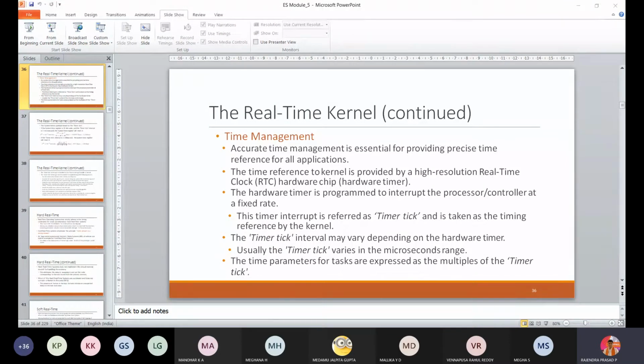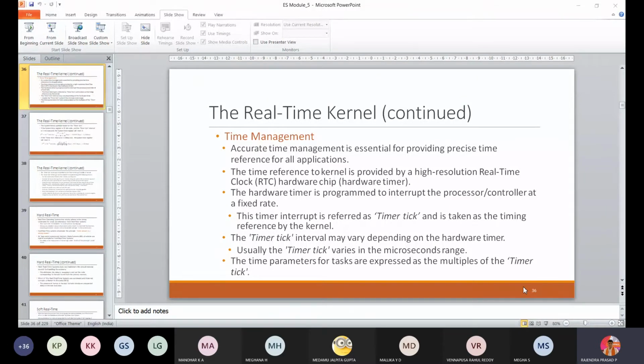Next comes the soft real-time system. A real-time operating system that does not guarantee meeting deadlines, but offers its best effort to meet them, is referred to as a soft real-time system. See, whether it is hard real-time or soft real-time, for everything there will be a deadline. The only thing is which one has an effect.